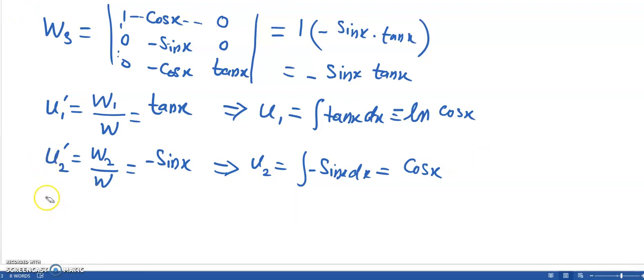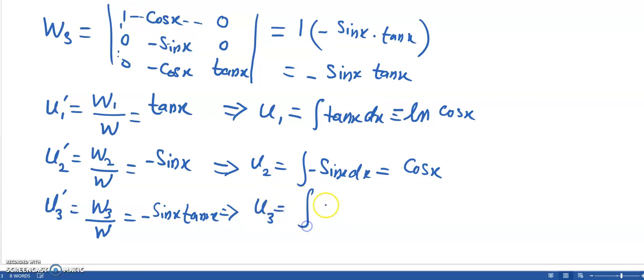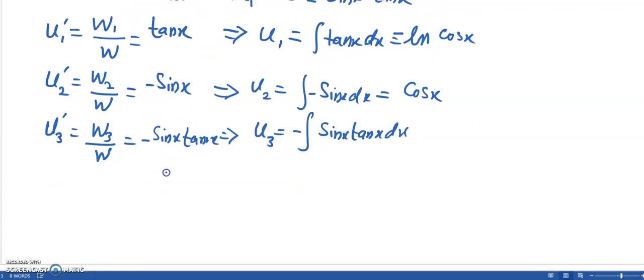Okay, so u3 prime is equal to w3 over w, and simply it is minus sine x tangent of x. So we can simplify this. u3 will be the integral of minus sine x into tangent of x. This integral needs some time.